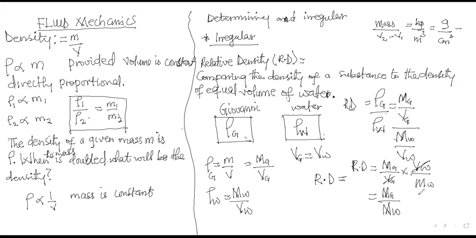So Giovanni, this is where the other definition you were talking about comes in. We can also break relative density down to mass of substance over the mass of equal volume of water.